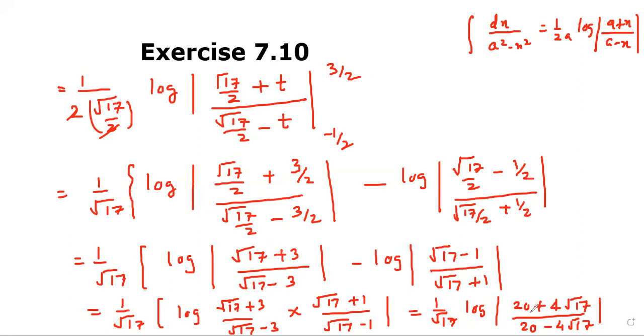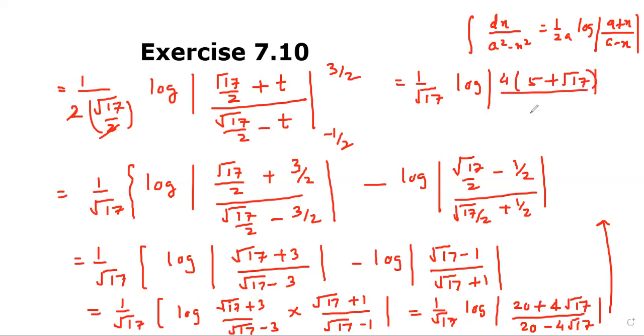And if we take out 4 from here, it will become 1 upon root 17 log, 4 is common, then it will become 5 plus root 17 divided by, 4 is common in the denominator also, 5 minus root 17. So 4 will cancel out.